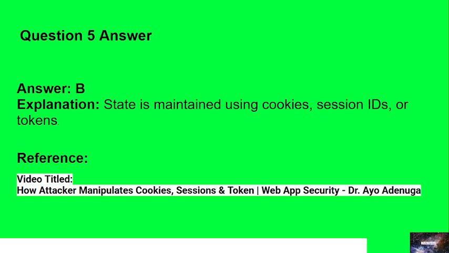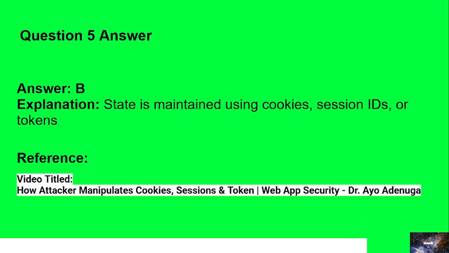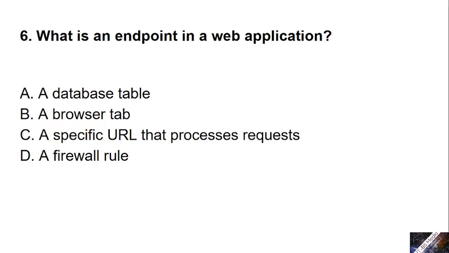And to learn about this, watch the video How Attackers Manipulate Cookies, Sessions, and Tokens, Web App Security. Of course, IP address is not how web apps maintain user state. It's not DNS records, and it's not HTTP headers only.